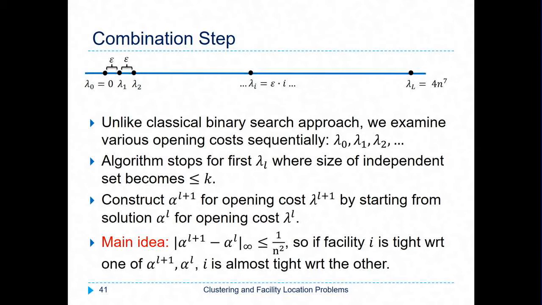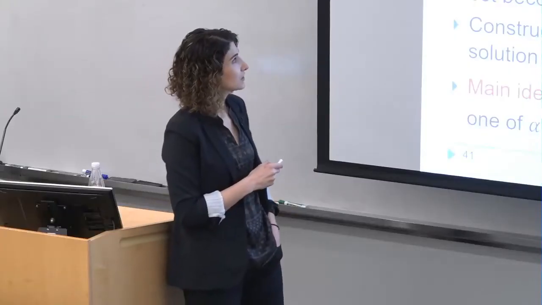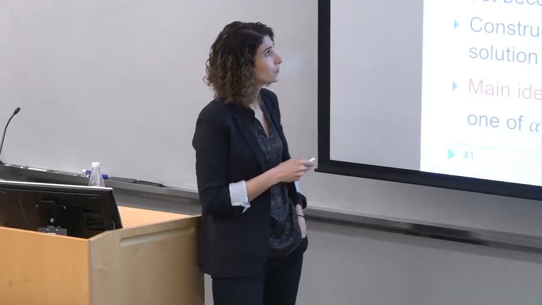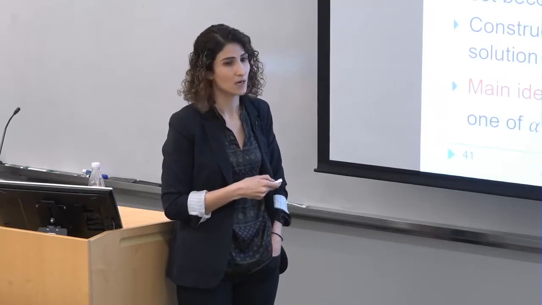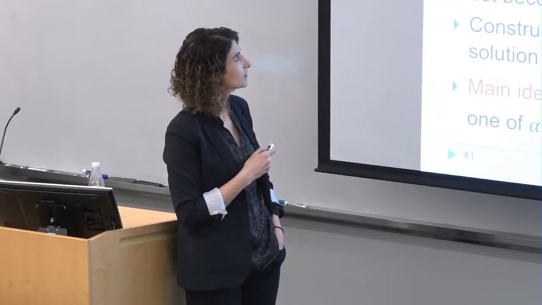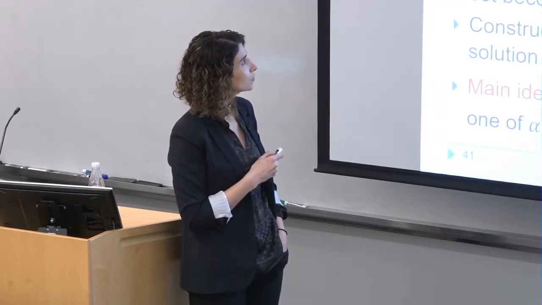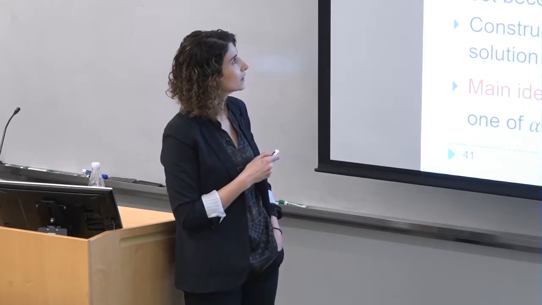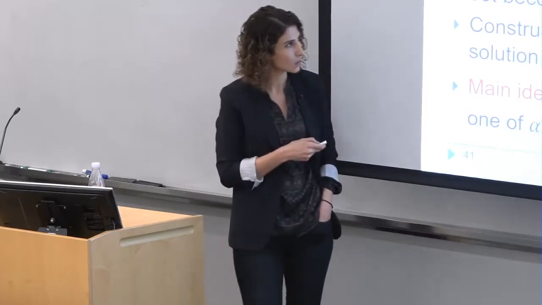And then the combination step, as I said, we do in a totally different way. In our combination step, we examine the various opening costs sequentially. So we first look at lambda 0 equal to 0, then lambda 1 equal to epsilon, lambda 2 equal to 2 epsilon, and so on.